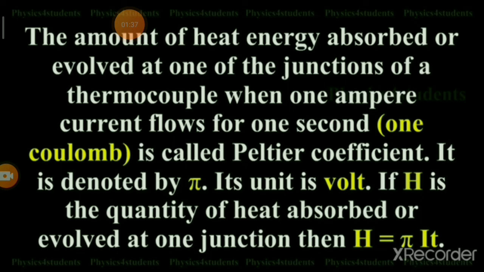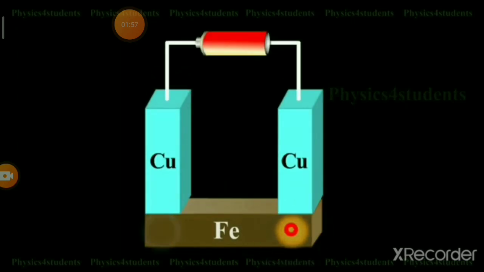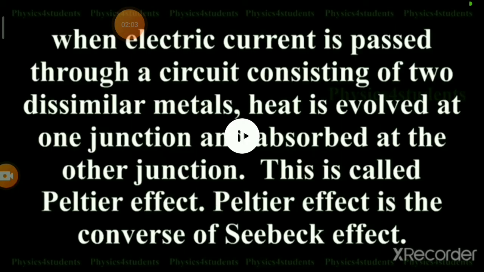If H is the quantity of heat absorbed or evolved at one junction, then H equals pi times current into time. So H is the amount of heat energy absorbed or liberated. Now see the diagram: at the junction of copper and iron the heat is liberated, and at the other junction the heat is absorbed.